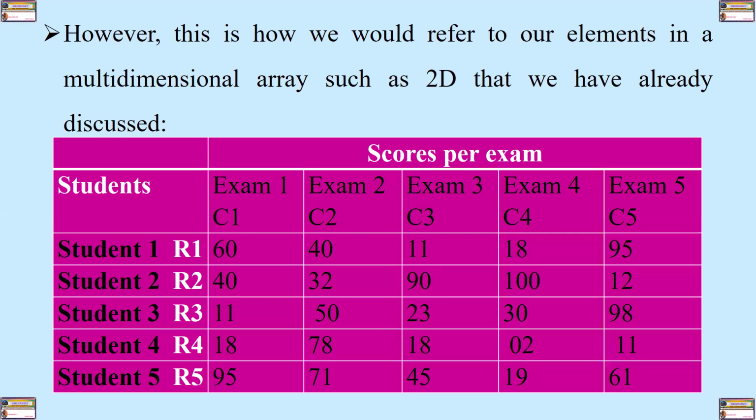So if this is our array, and you can see our elements are there, 60, 40, 11, 18, 95, and so on up to 61. You can see that we still refer to each of the elements using row and column. So if you are to read these elements in row major, how would we read them? What about in column major?